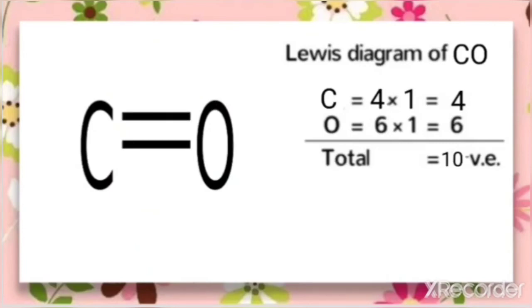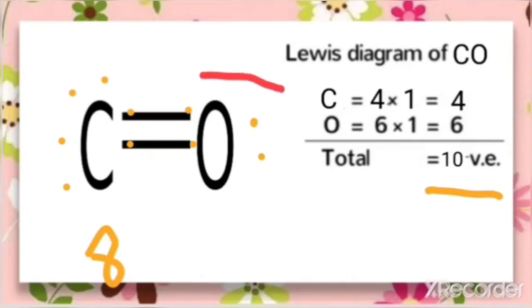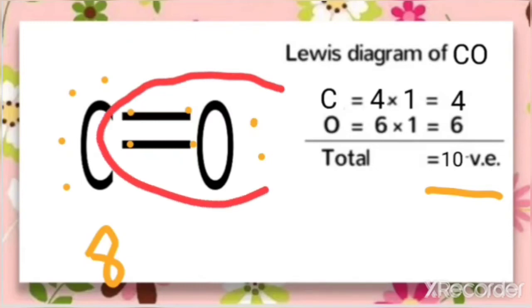Again do it in the same manner, that is count 1, 2, 3, 4, 5, 6, 7, 8. Now this is satisfied. How much is remaining? From 10 electrons, 8 electrons are over, 2 is remaining. That goes to the oxygen. That is the 9th electron, 10th electron. Now let us find out how many electrons are surrounding the oxygen.